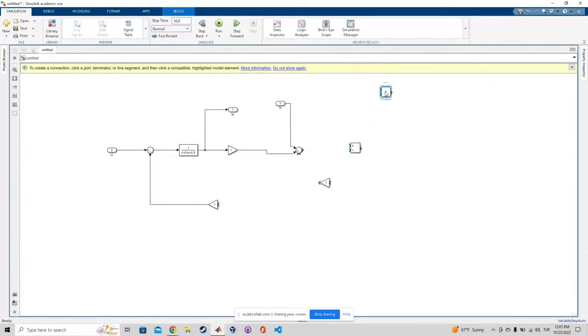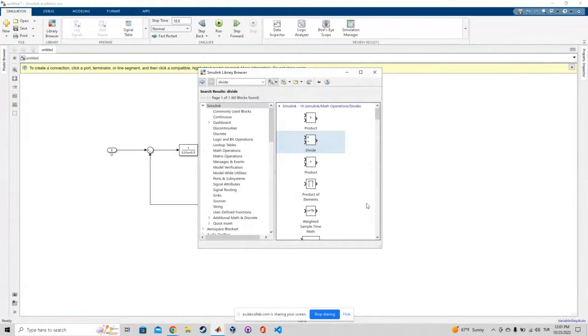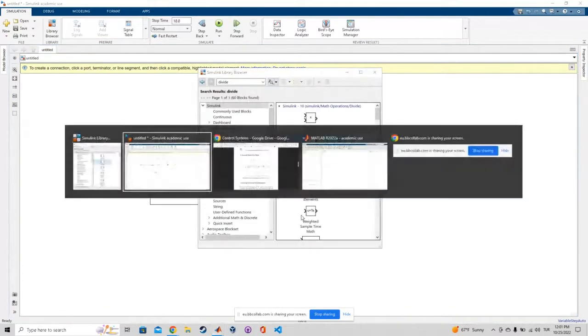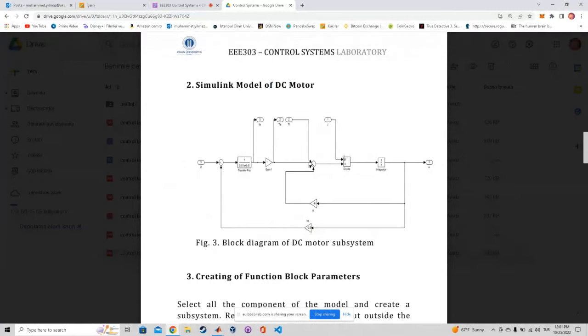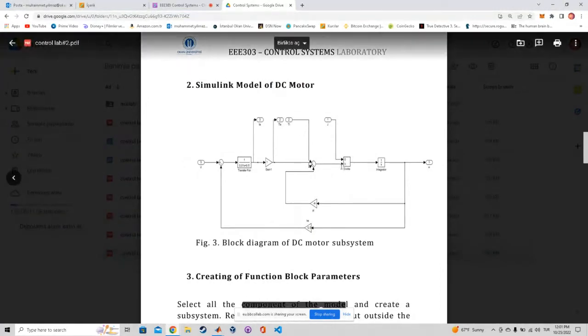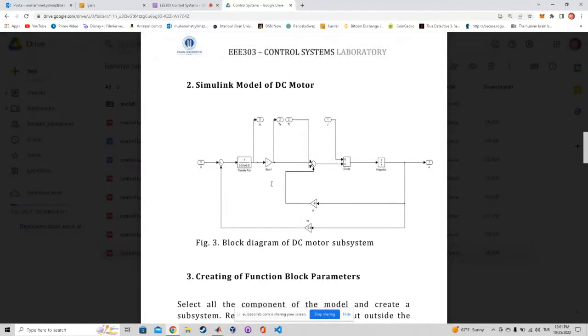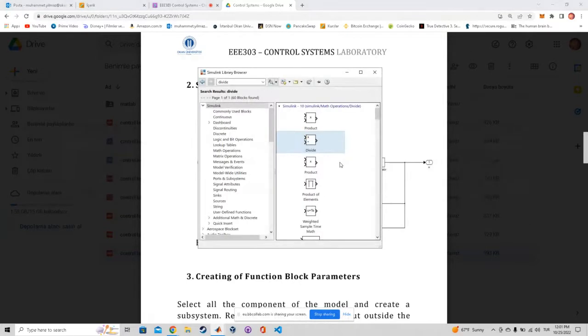We're going to use our divide function. We're not going to use this one. So here we get our j, and it's divided by our transfer function till here. The transfer function times our gain, and then we divide it with j.